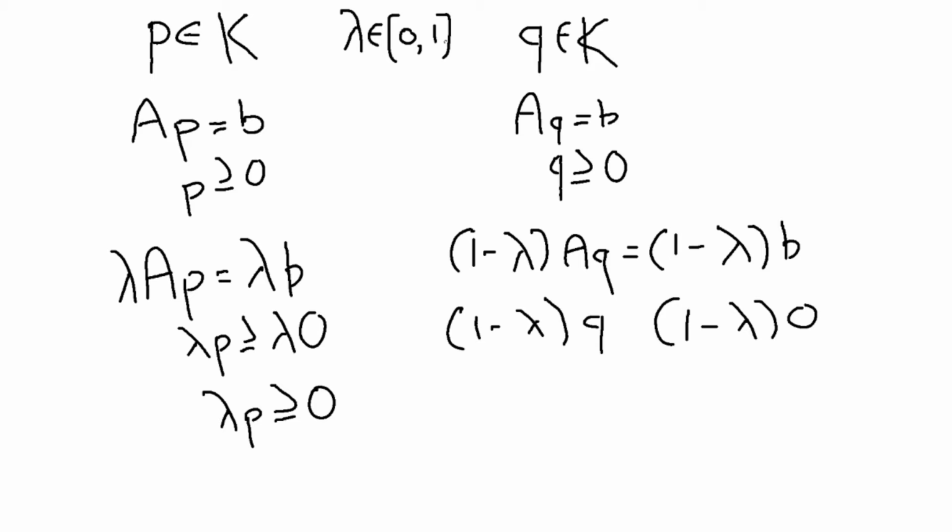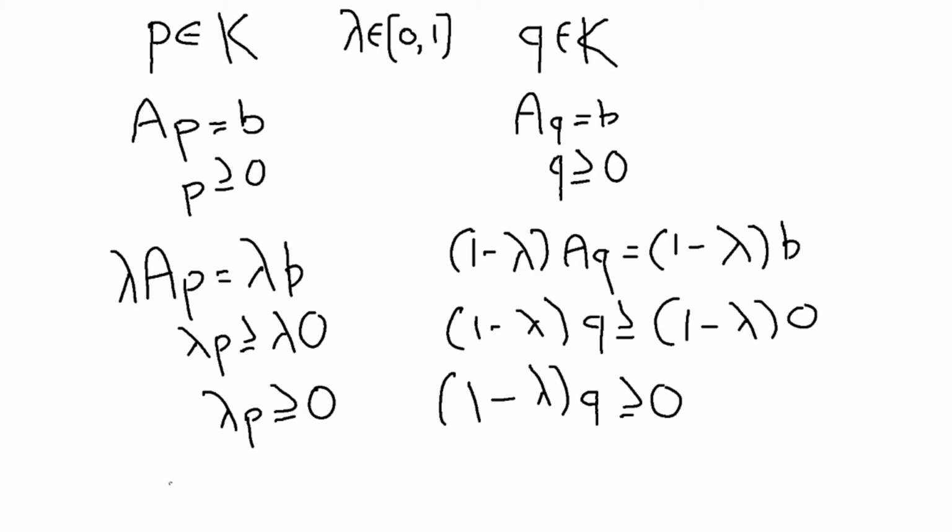But lambda is between 0 and 1, and therefore 1 minus lambda is 0 or positive. It can't take on a negative value because lambda can't be larger than 1. It's on the closed interval 0, 1. So that means we keep our inequality going this direction. And again, the right-hand side is just 0, and the left-hand side is 1 minus lambda Q.